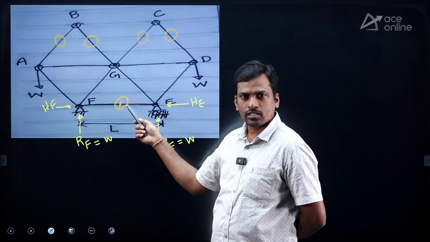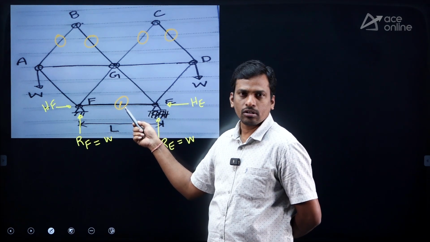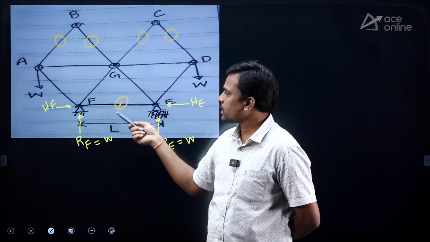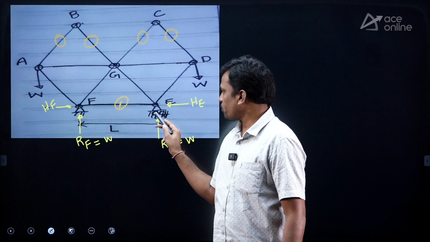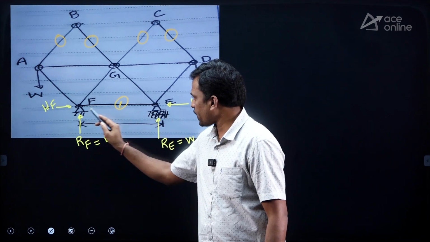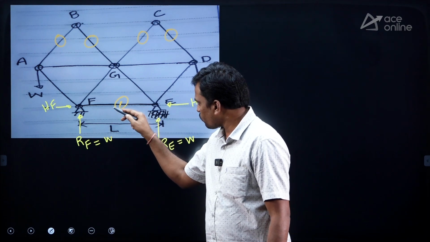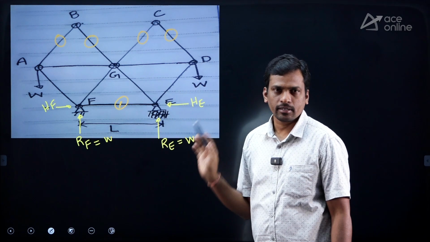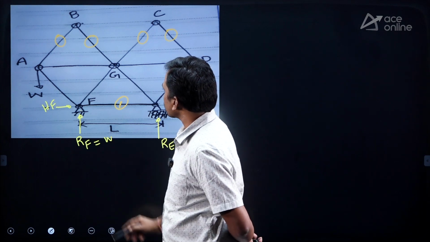If change in length is 0, strain is 0. If strain is 0, stress is 0. If stress is 0, force in this member is also 0. So if this member has hinges at both ends, then directly the force in this member is 0. That's it. Right.